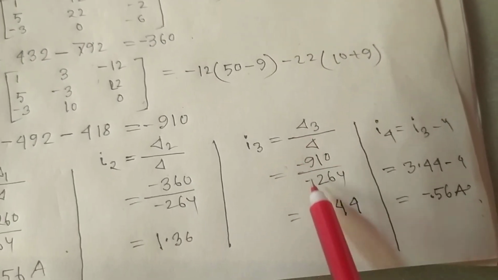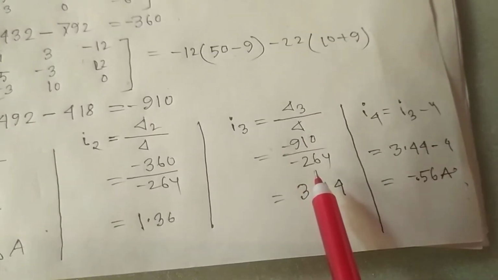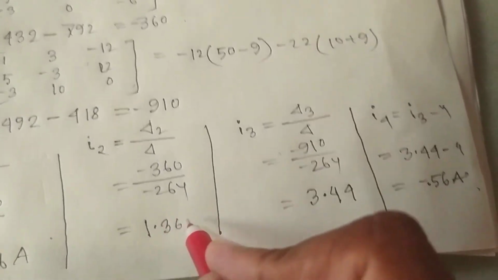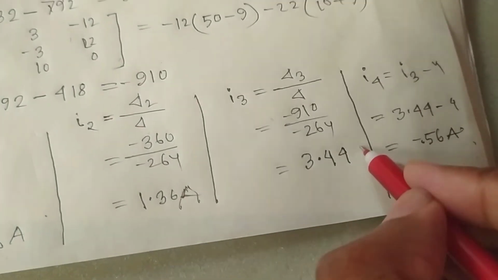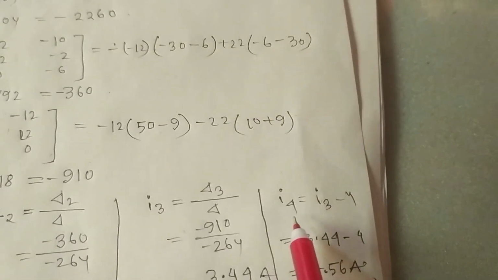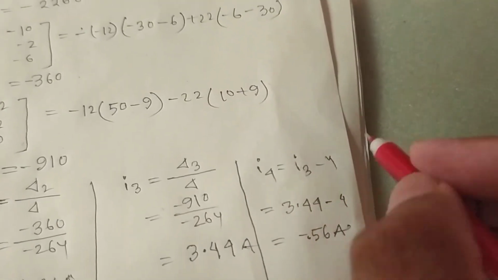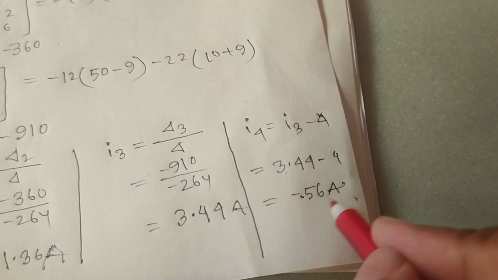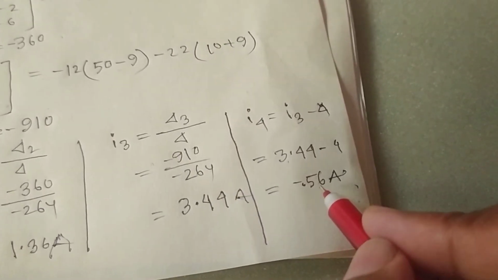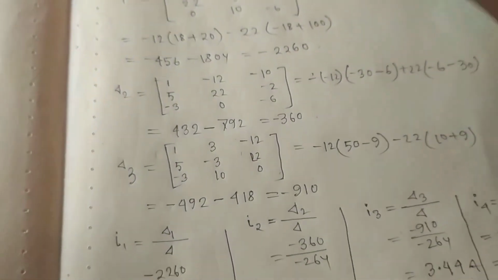I3 equals del 3 by del, minus 910 by minus 264 or so, in unit ampere. First we see the relation I4 equals I3 minus 4. I3 value minus 4 gives about minus 0.56 ampere, so I4 is easily calculated.